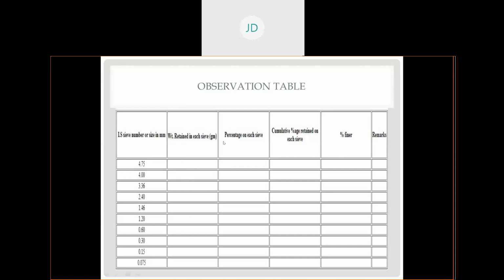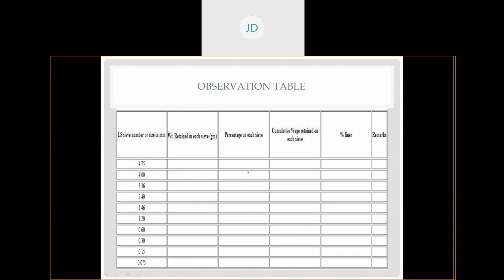After that, you have to find the percentage retained on each sieve. Take the total weight, and out of the total weight, find how much weight is retained on the 4.75 sieve in terms of percentage. You have to find out this parameter. This is a very simple thing.